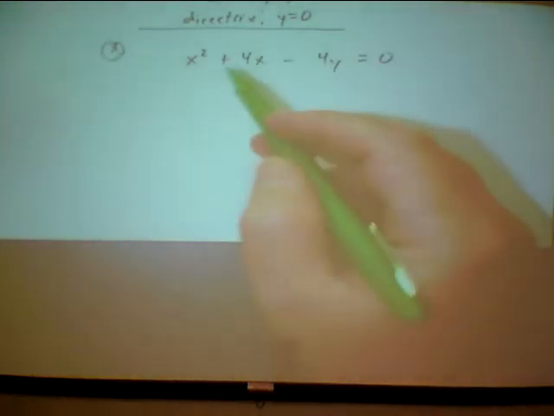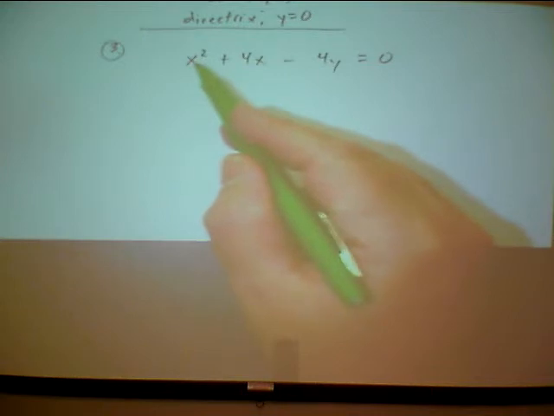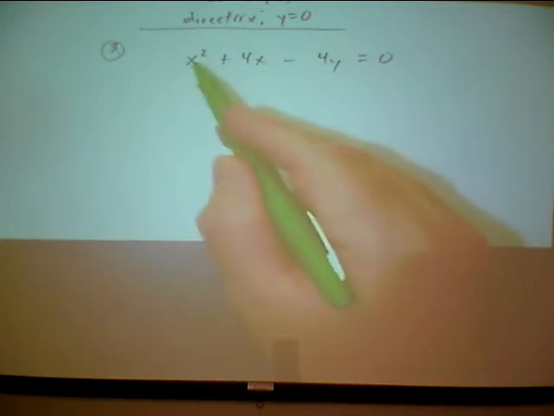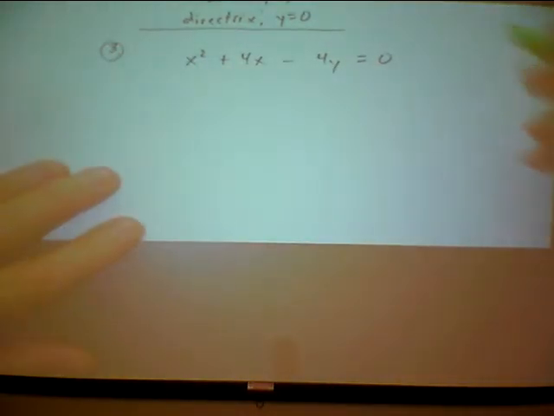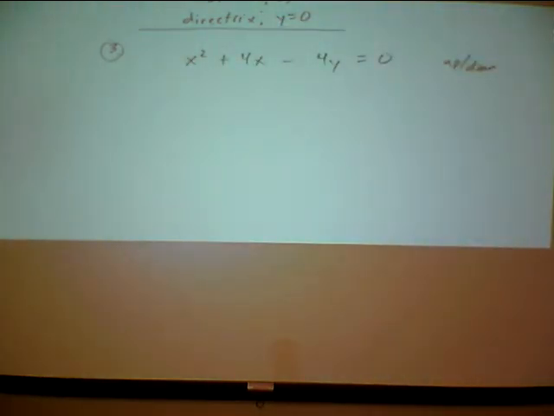Well, I know I still can quickly determine what kind of parabola, because here I have an x squared term, and there's nothing squared for the y. So x squared means it's going to be an up or a down. But now I somehow have to get this equation into the standard form.